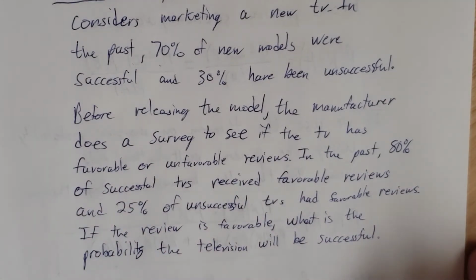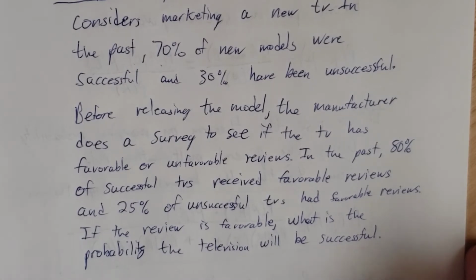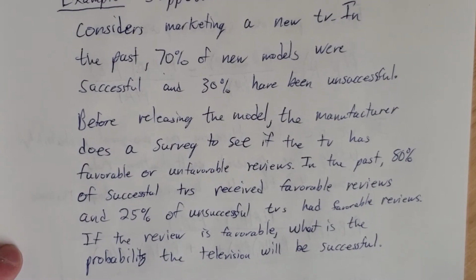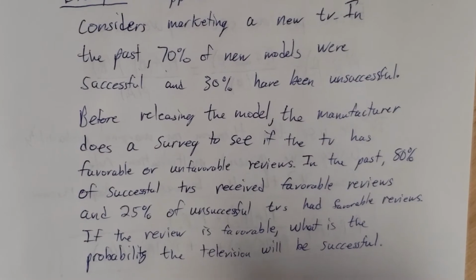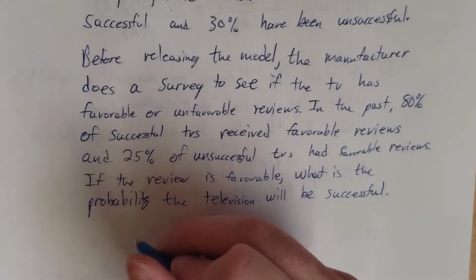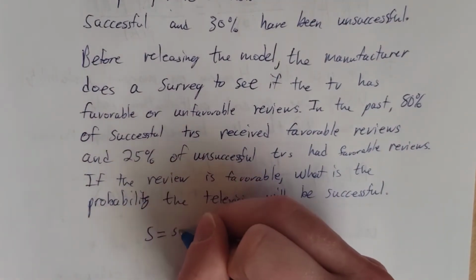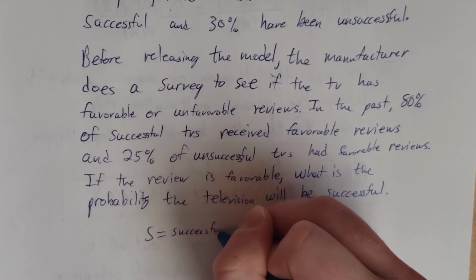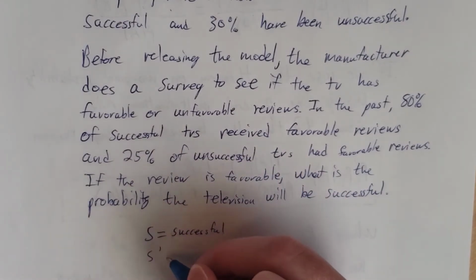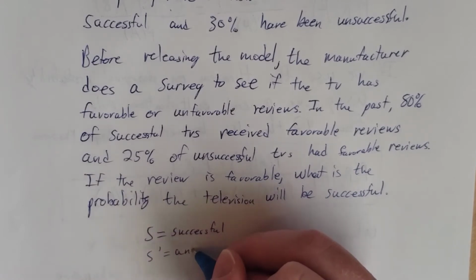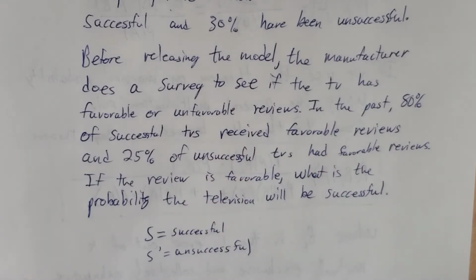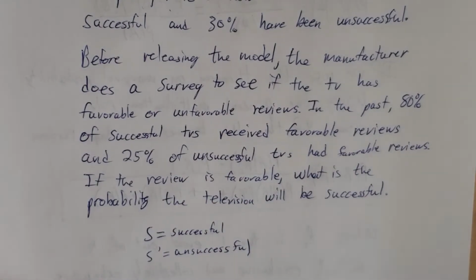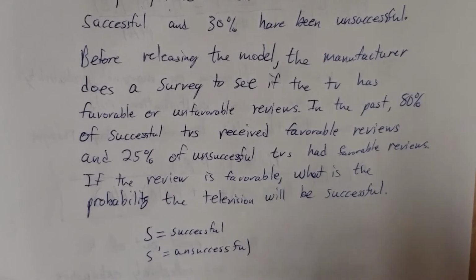All right. How do we actually interpret all of this? Well, let's first write out the information that we were given and some variables related to that. So we were talking about successful and unsuccessful, whether the TV ended up being successful or unsuccessful, right?